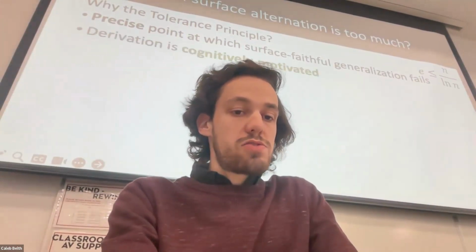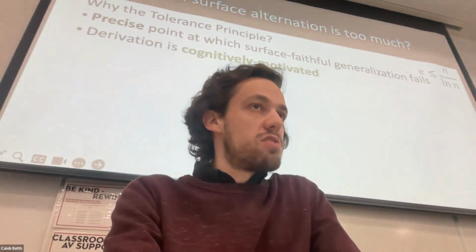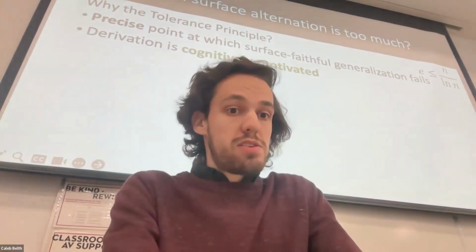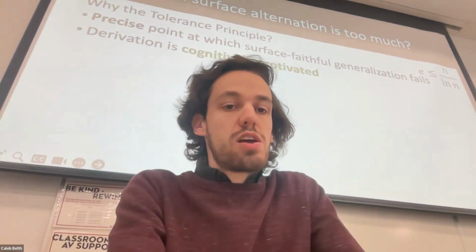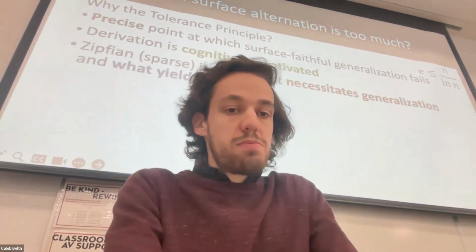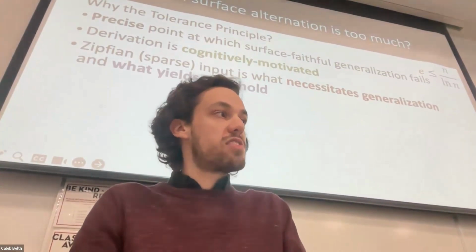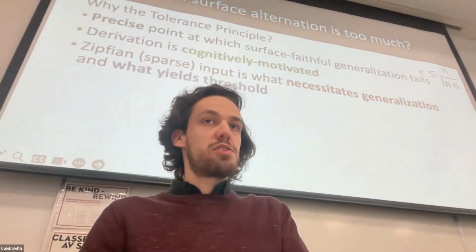Second of all, its derivation is cognitively motivated. It's based on considerations of linguistic processing. Again, I'm not going to talk about those in this talk, but it does have some cognitive basis for its derivation. But also, this Zipfian or sparse input is what I'm arguing necessitates generalization in the first place, and it's also what yields the particular threshold.